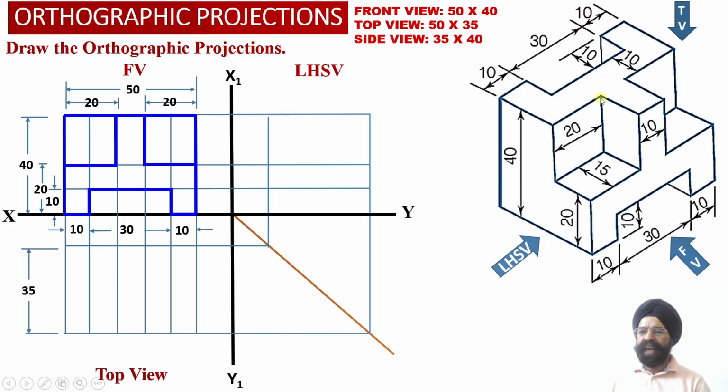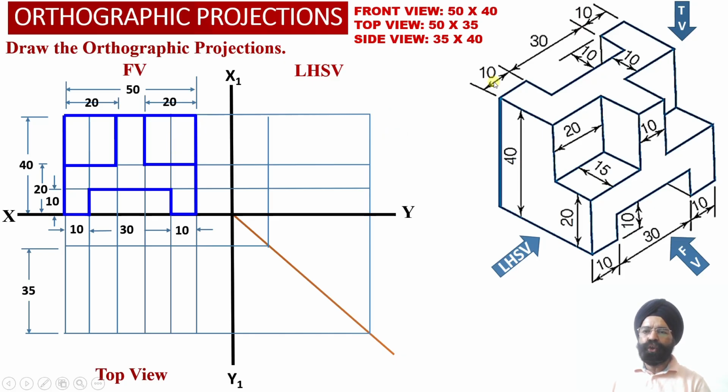One surface is lying towards the left hand side and another symmetrical surface is lying onto the right hand side. Since both of these surfaces are parallel to the vertical plane, we are going to obtain true shape representation of these two vertical flat surfaces into the front view projections over here.